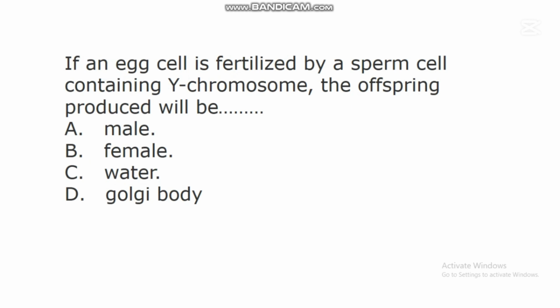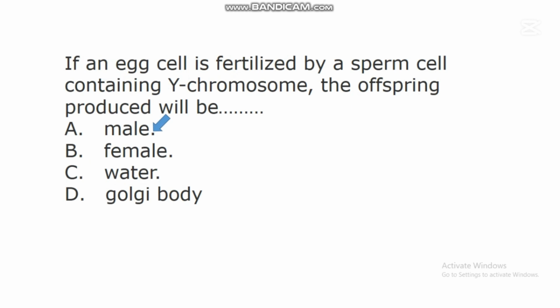In this question, the correct answer is A. Male. If an egg cell is fertilized by a sperm cell containing Y chromosome, the offspring that will be produced will now have XY chromosome, and the human gender that has XY chromosome is the male gender.